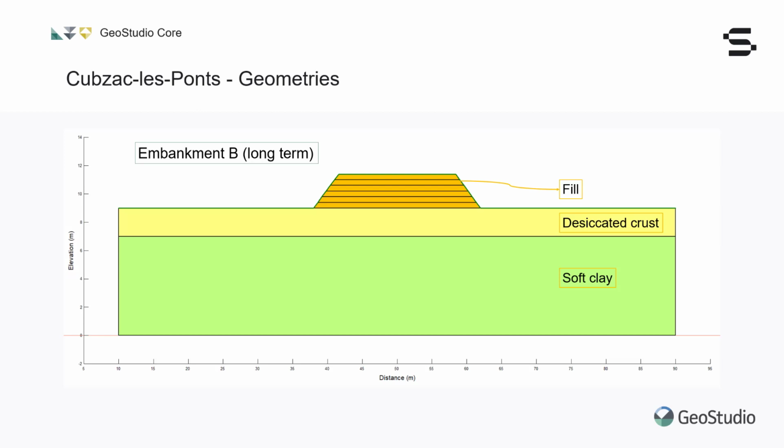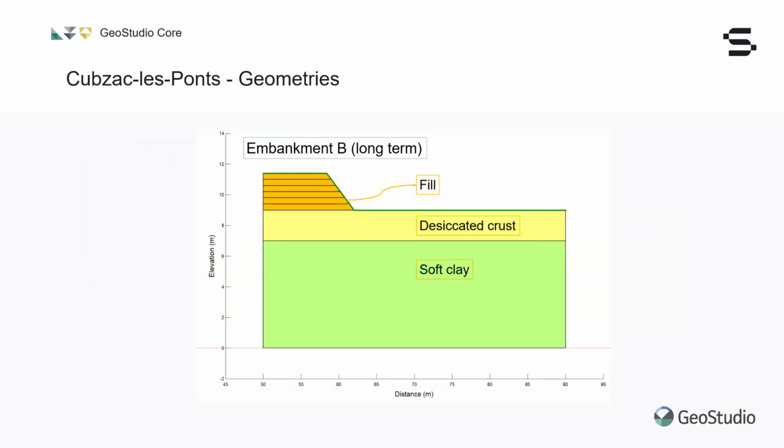Since both embankments were constructed on the same site, we encounter the same desiccated crust and soft clay deposits. To cut computational effort in half, we can make use of the symmetry of the geometry by cutting the domain in half where the symmetry axis passes. We will see later how boundary conditions where that symmetry axis lies need to be modified to properly account for this simplification.